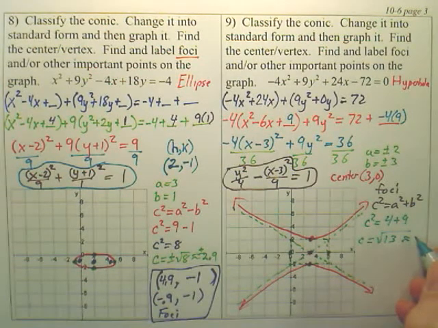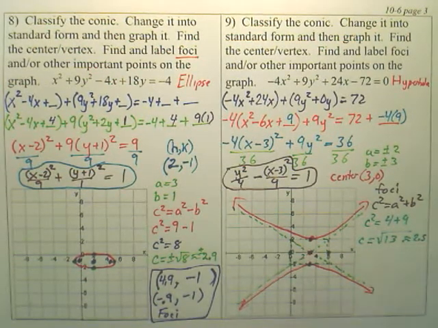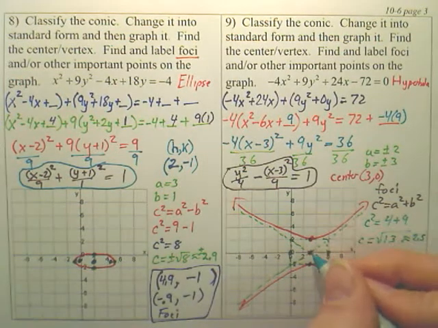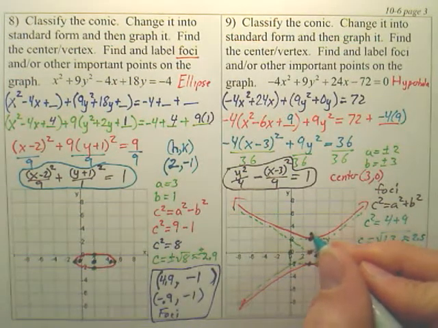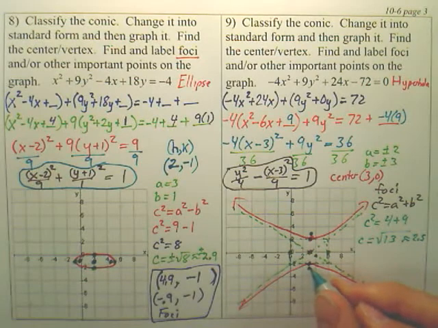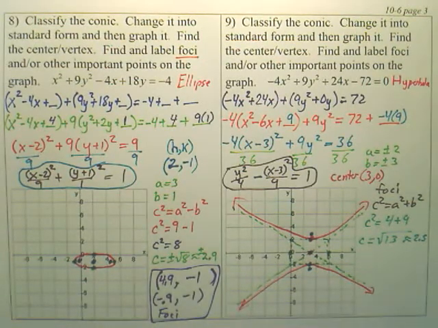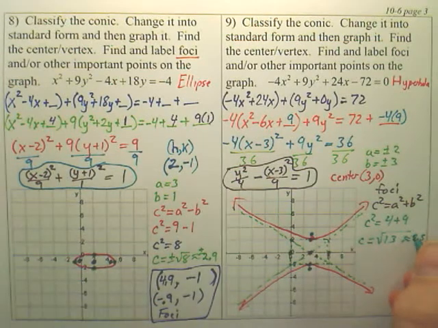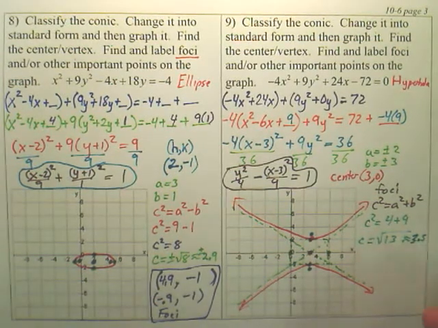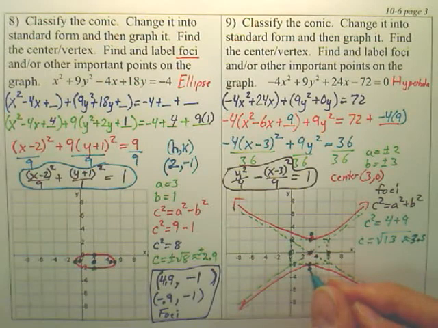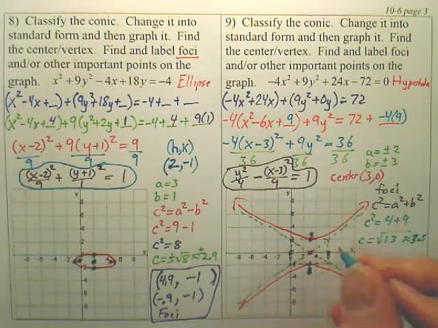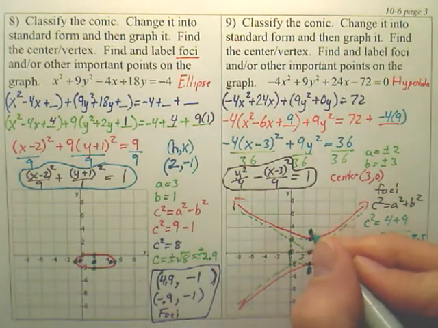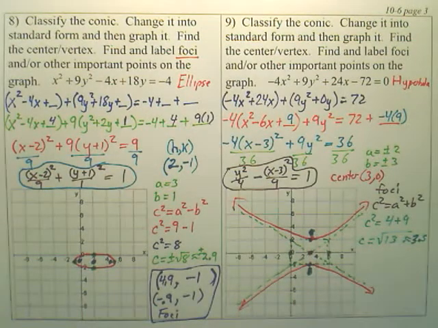It's pretty close to 2.5. So you're going to go up 2.5 and down about 2.5. It's not too far up or down. And, oops, I said that wrong. That's 3.5. I messed up. About 3.5. So actually, 3.5 is a little bit farther down, more like right down here and right there. Anyway, those are my foci.